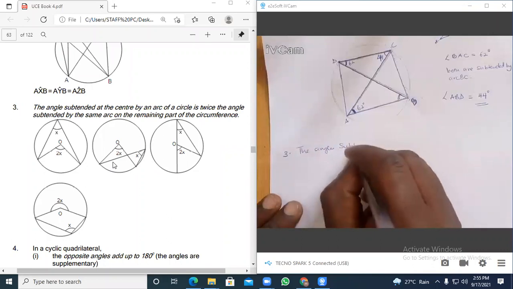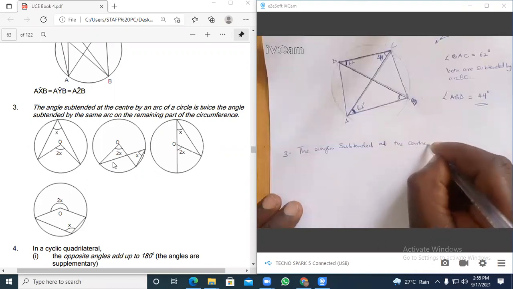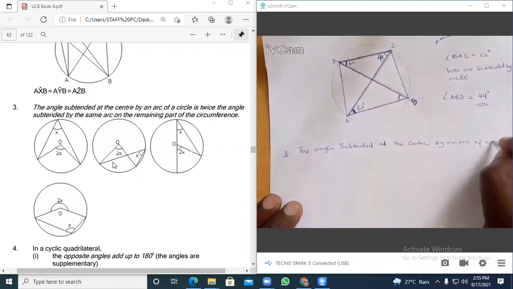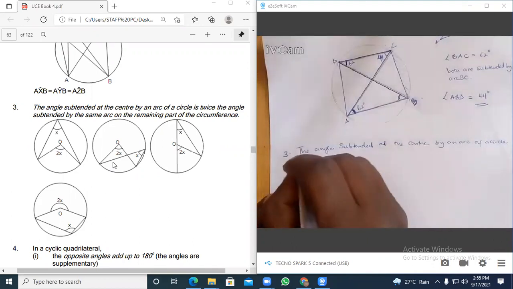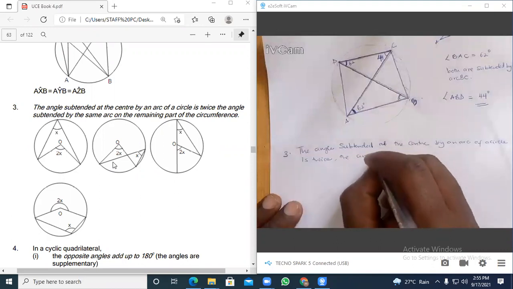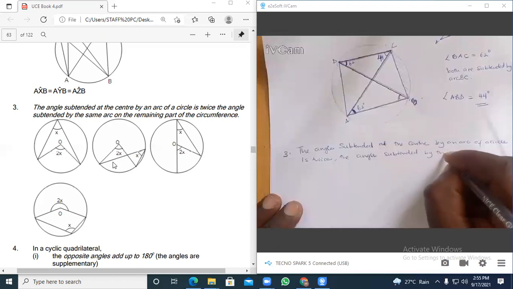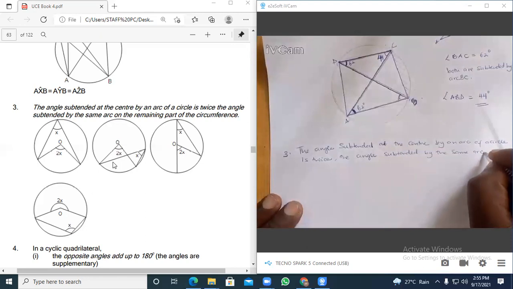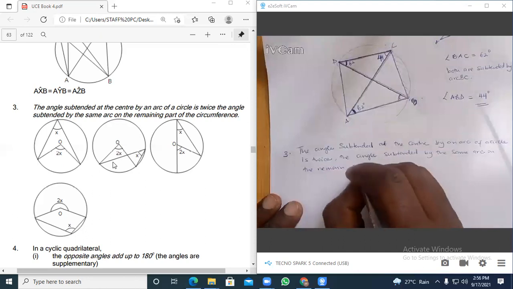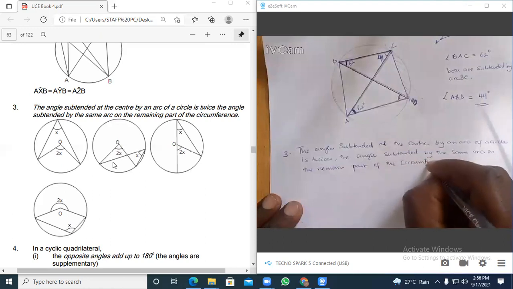The angle subtended by an arc of a circle is twice the angle subtended by the same arc on the remaining part of the circumference.